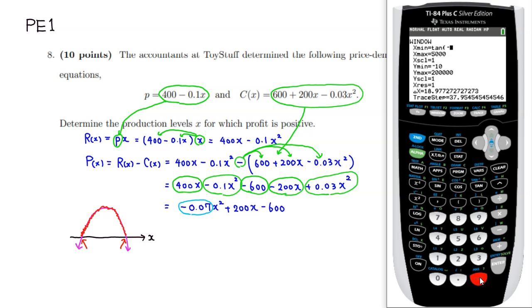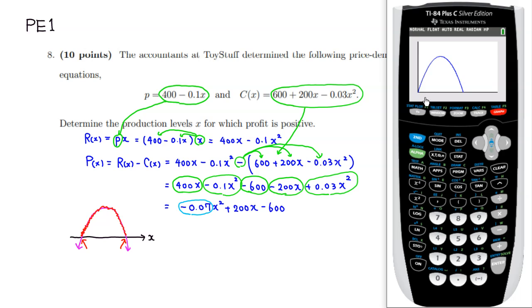Maybe it's the negative sign. Oh, okay, that's probably why. Sorry. So we have a nice, downward-facing parabola.